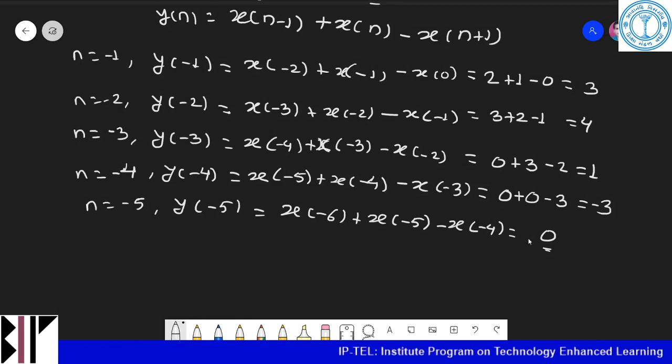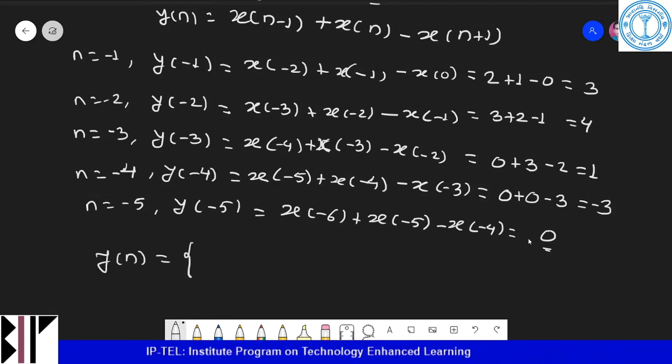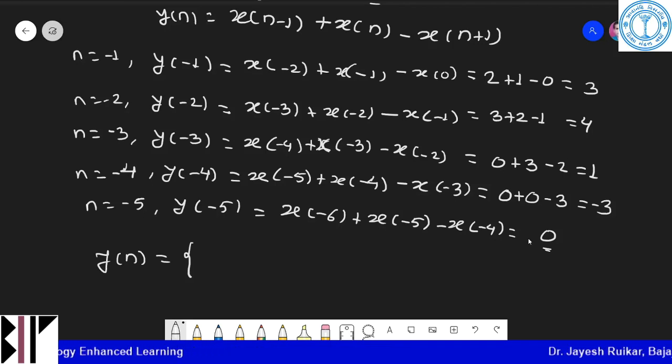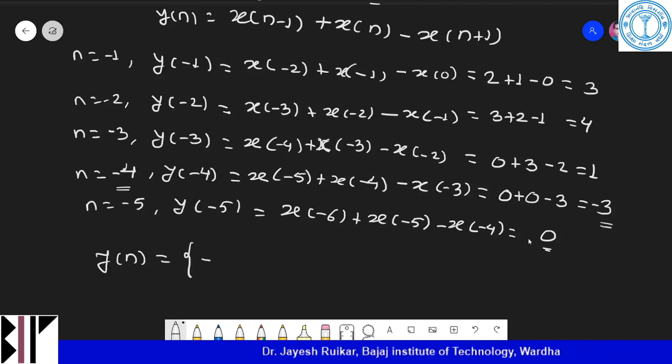Now we have to show y of n. So you know that when n is equal to minus 5, its value is equal to 0. n is equal to minus 4, the value is equal to minus 3. So we'll start from minus 3, then positive 1 is there.